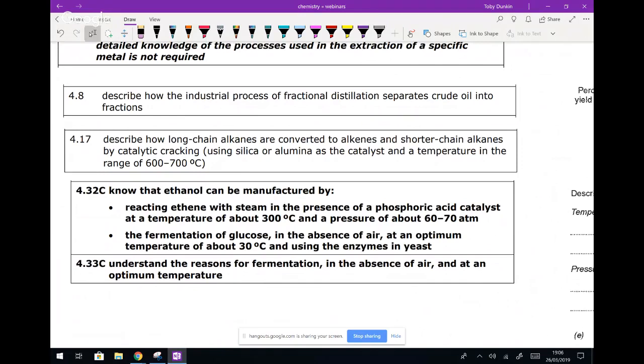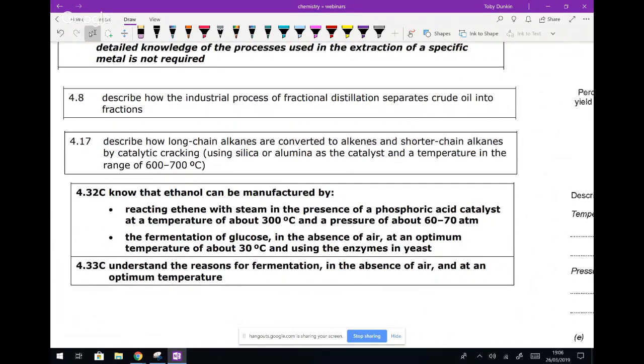So there are some nice outcomes of this. The first one is that you pretty much can guarantee which ones are going to be appearing on your test papers. You've got paper 1 and paper 2, and you can clearly see that paper 1 is going to be focusing on fractional distillation. So you can pretty much guarantee this one to be in your paper 1.